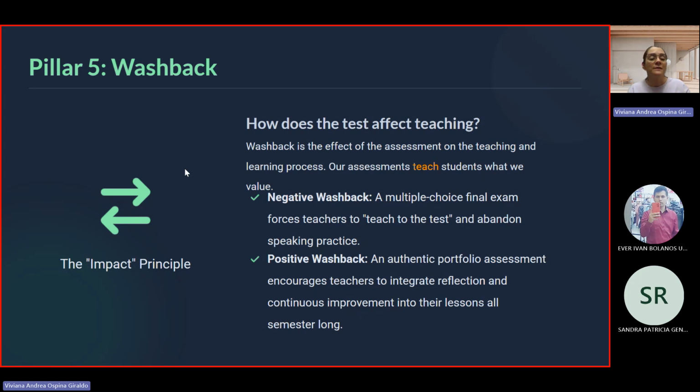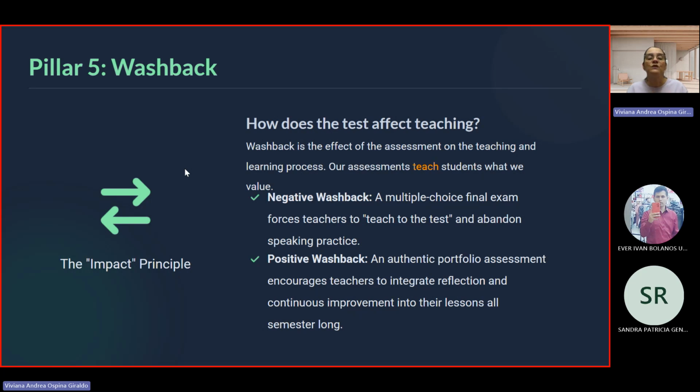So if we implement a portfolio, it's a wonderful way to assess, but it will not only serve as an assessment part of the learning experience, it will also serve as a way to do follow-up on my student, and also to self-evaluate.